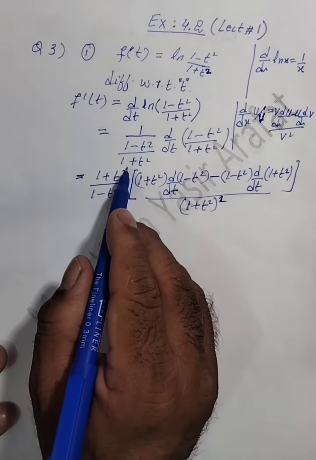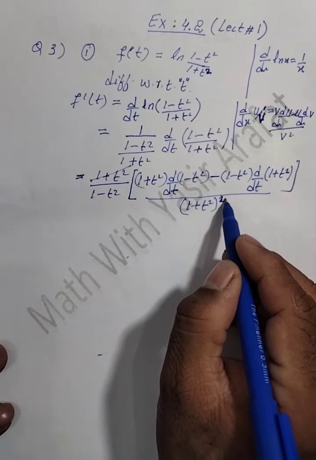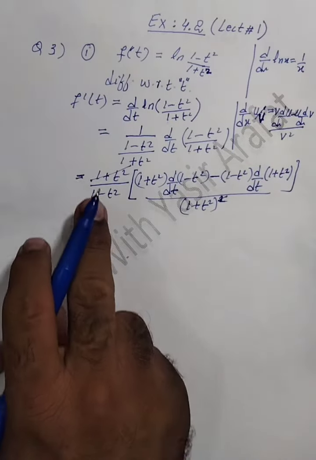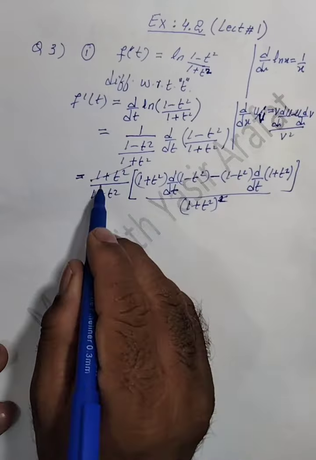This is (1 plus t square) power 1, and this is (1 plus t square) power 2. One factor will cancel out.